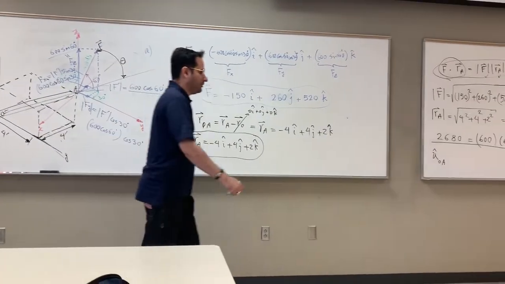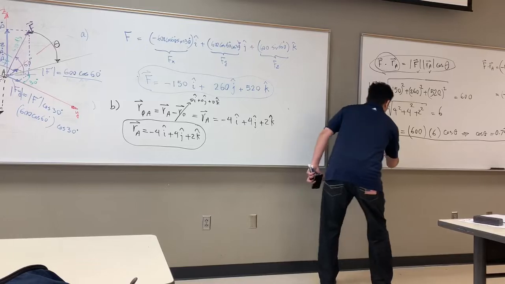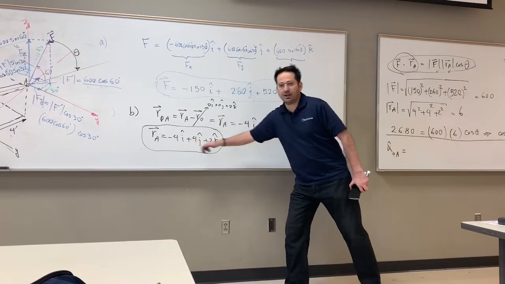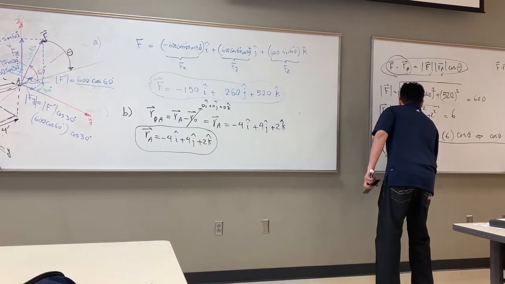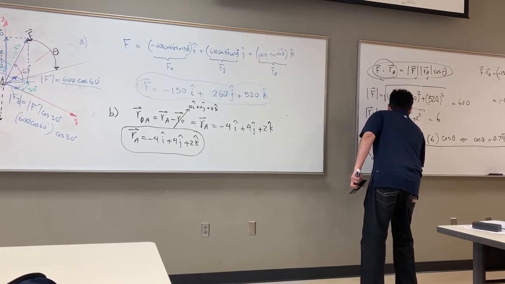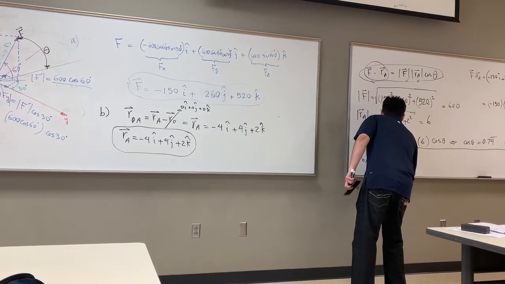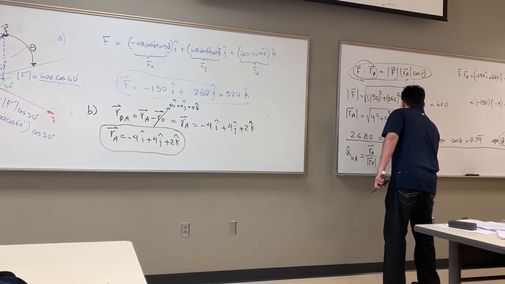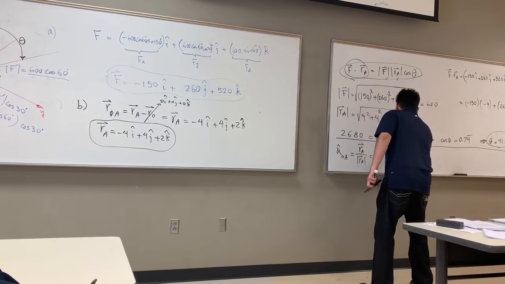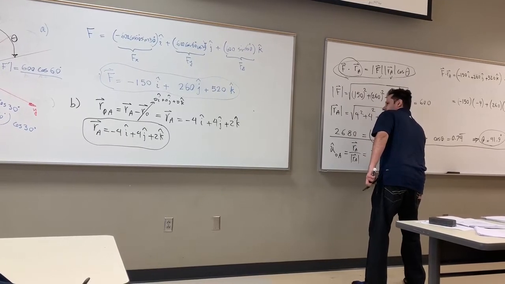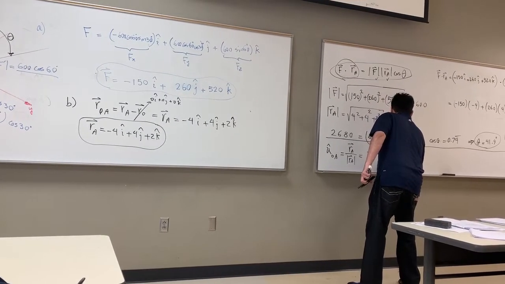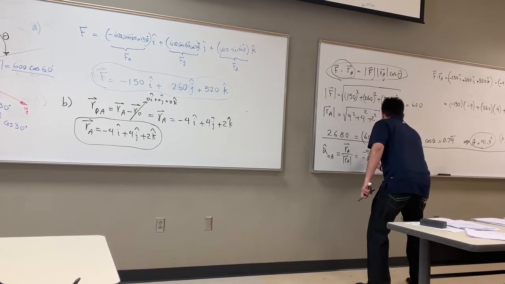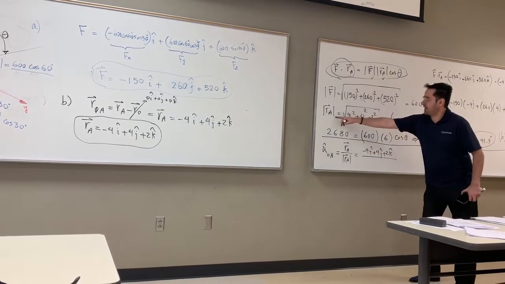The vector divided by its magnitude. So the vector I have, RA, in that direction, divided by the magnitude of RA. That's going to be negative 4i plus 4j plus 2k divided by its magnitude.